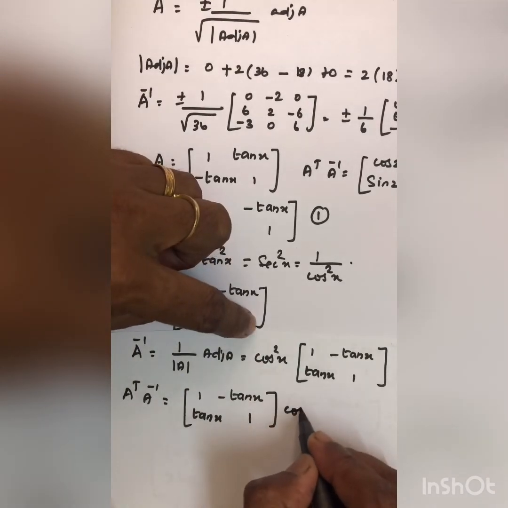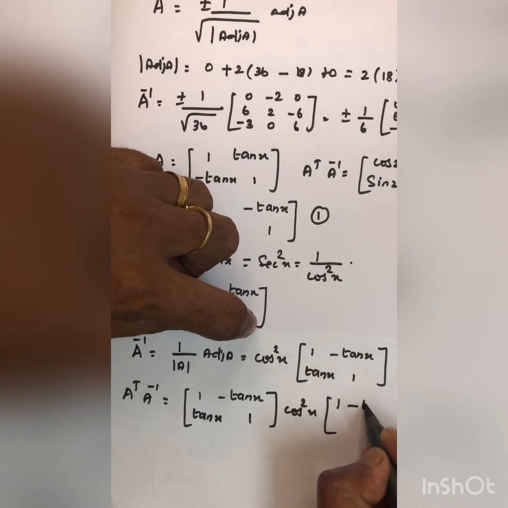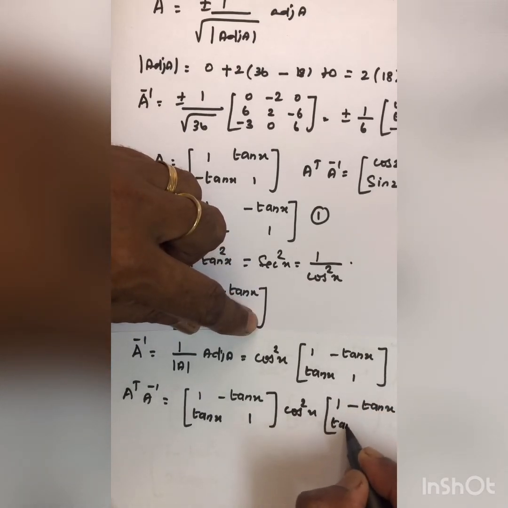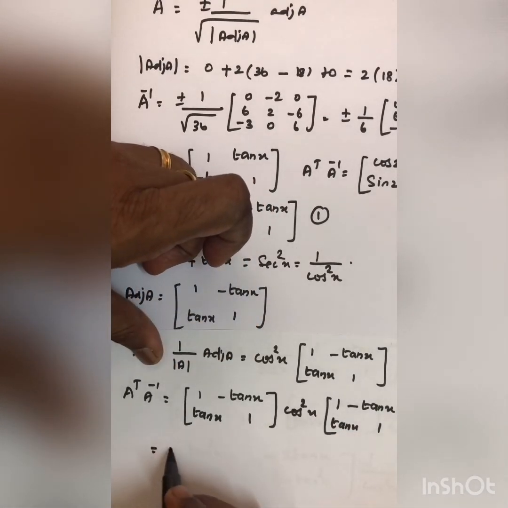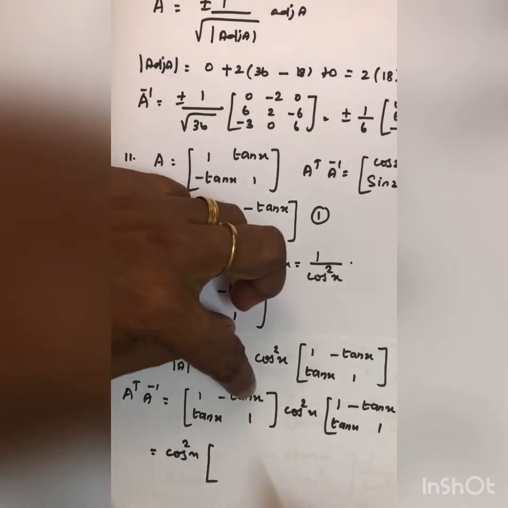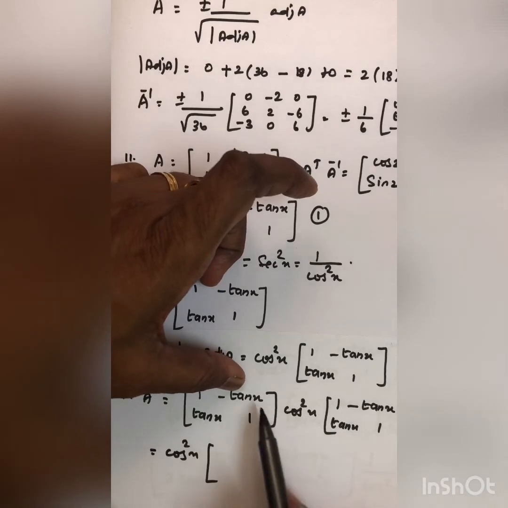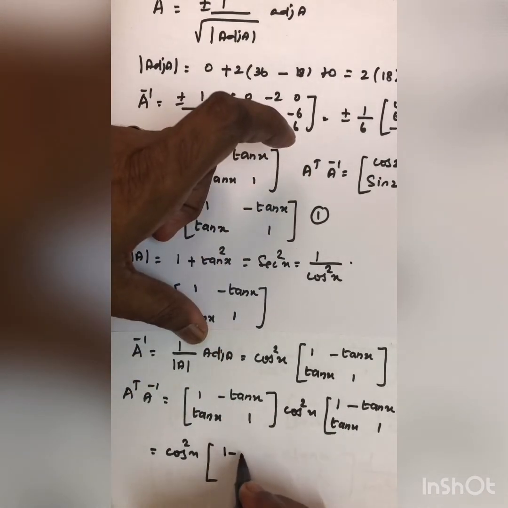Then cos square x into 1, minus tan x; tan x, 1. We can keep this cos square x outside. So multiply row by column. It is 1 minus tan square x. Okay, minus tan x into tan x. So this is 1 minus tan square x.